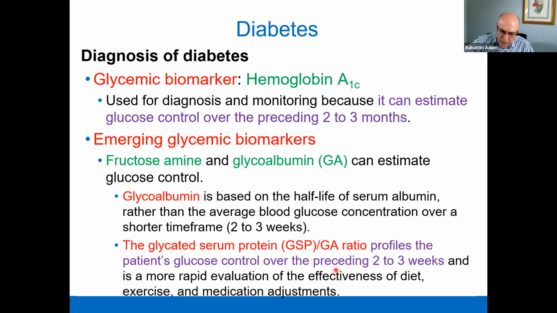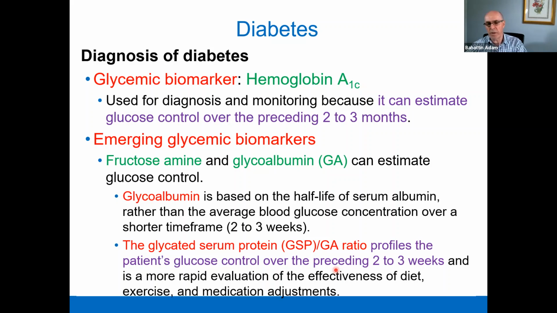What does that mean? If you diagnose a patient with diabetes mellitus and then start medicine, an intervention, and you want to monitor this patient to see whether your treatment is effective or not, you don't need to wait 2 or 3 months.